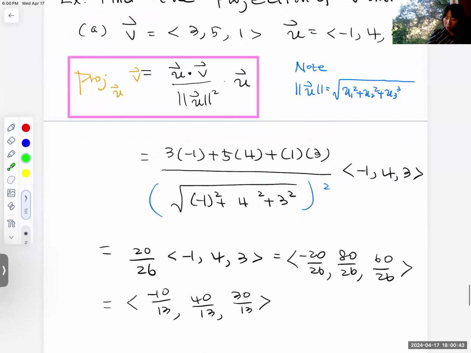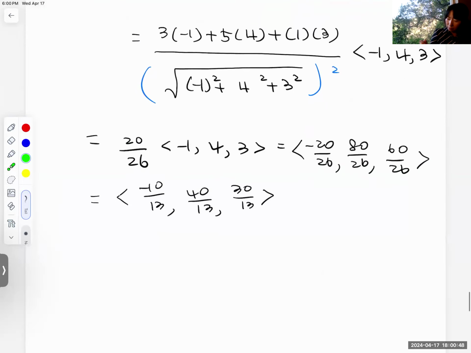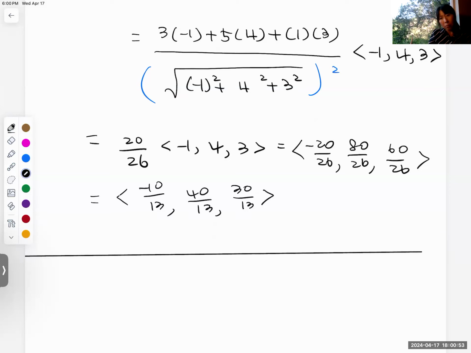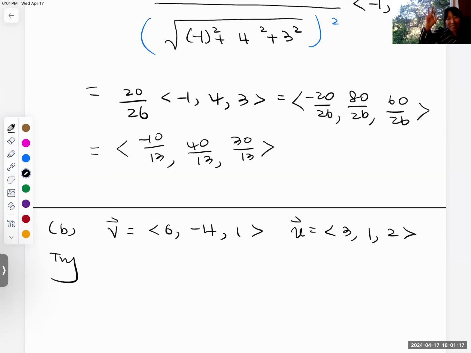Would you like to try? So let's make v equal to 6, -4, 1 and u equal to 3, 1, 2. How about that try?